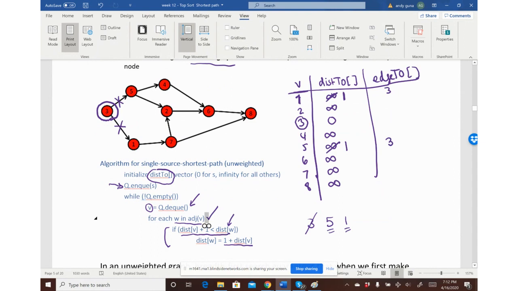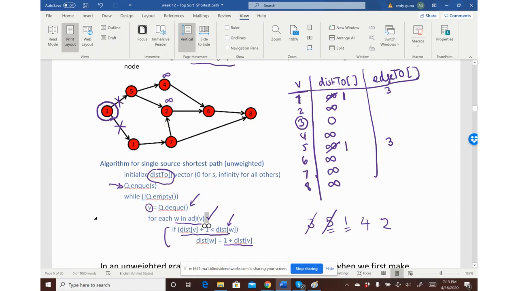Now we take the next thing from the queue, which is 5, and insert the 4 and the 2. Those are the two adjacent things in the list. Now 4 and 2 have infinite distance right now.